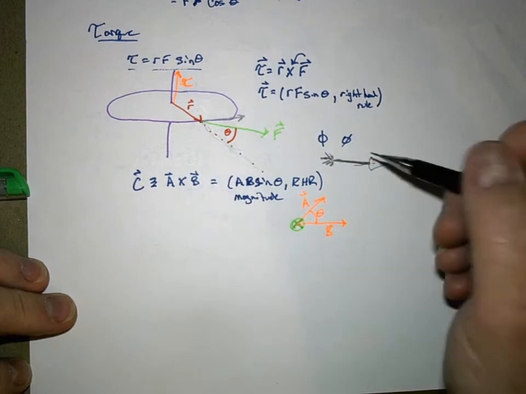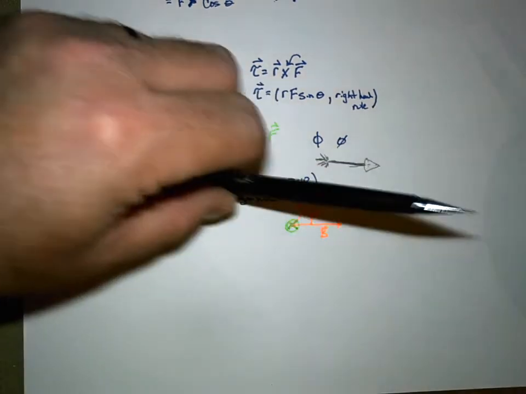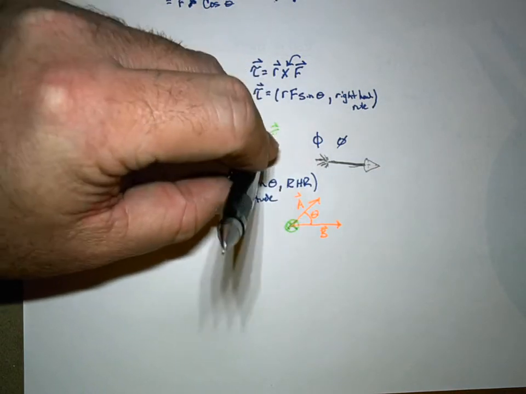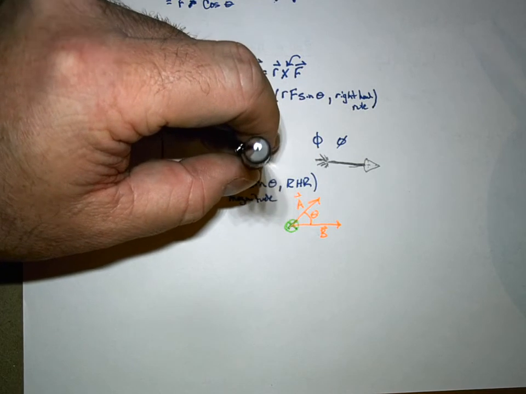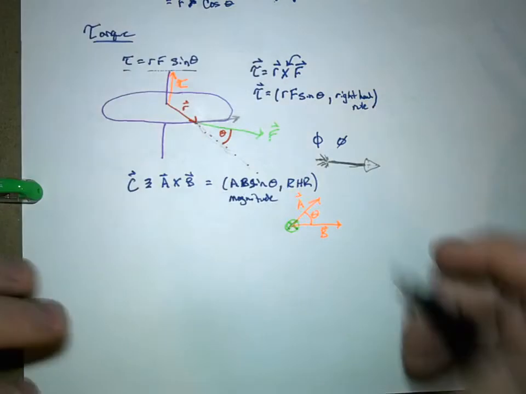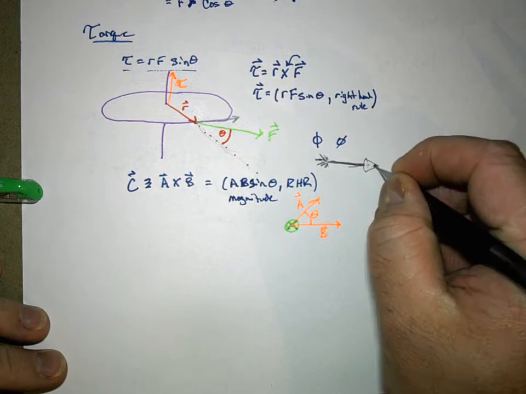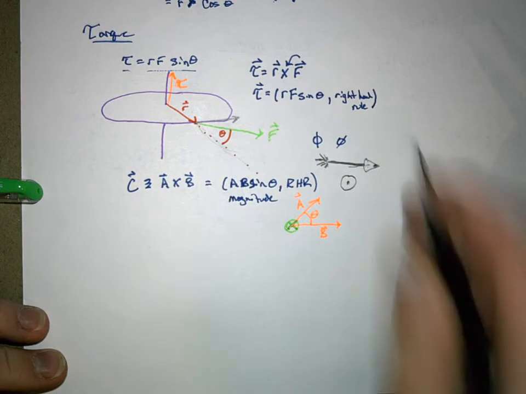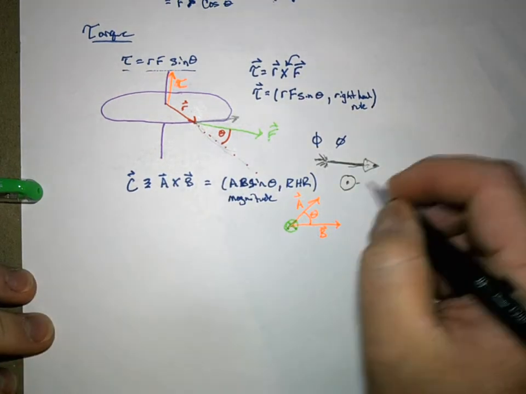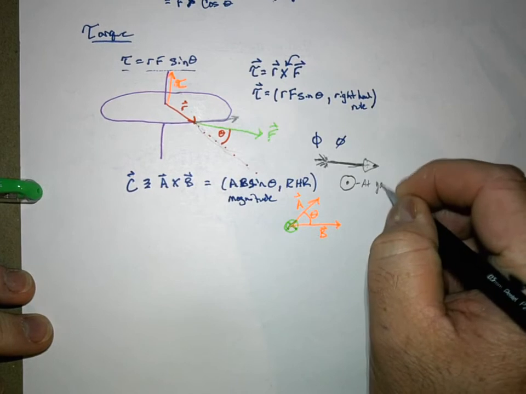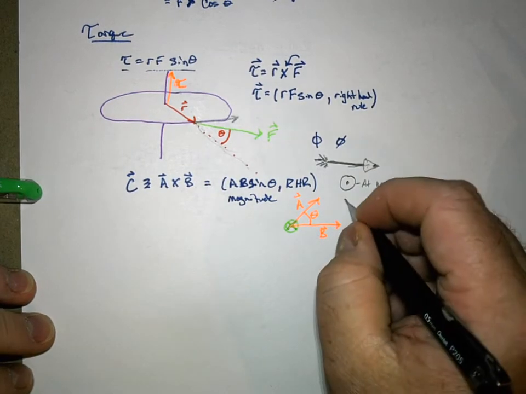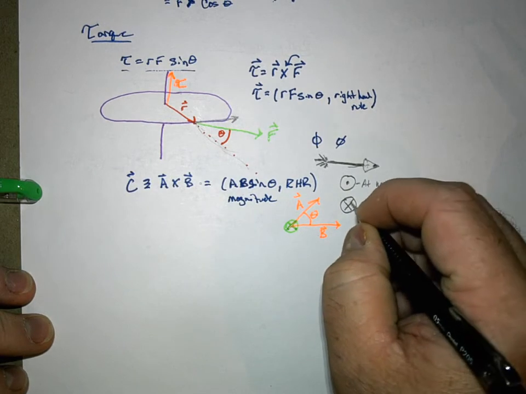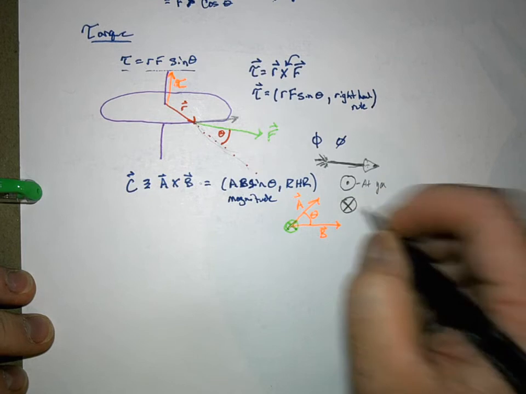As we move this arrow around, I wish I could draw in three dimensions, and it points at you, you get to see the tip. So if the arrow is pointing at you, let's darken that tip here, then all you get to see is the tip of the arrow. And that means at you. Then if you're looking at the back end of the arrow, you see the tail feathers, and that becomes a vector pointed away from you.